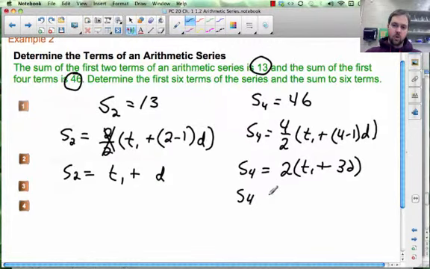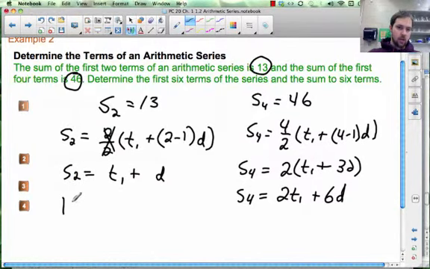S sub 4 would be 2T1 plus 6d. Now, we know the values of S sub 2 and S sub 4, so we can plug them in, and now we have two equations and two variables. So we can solve this system of equations.